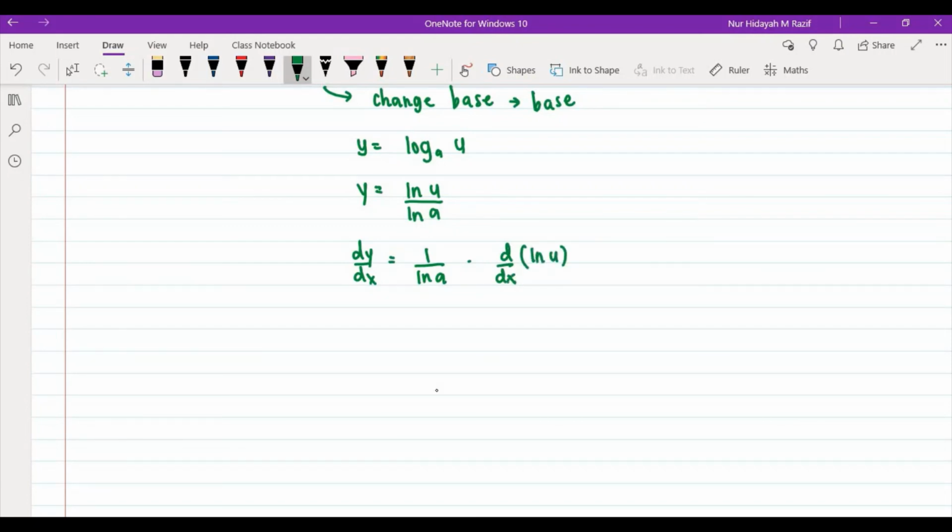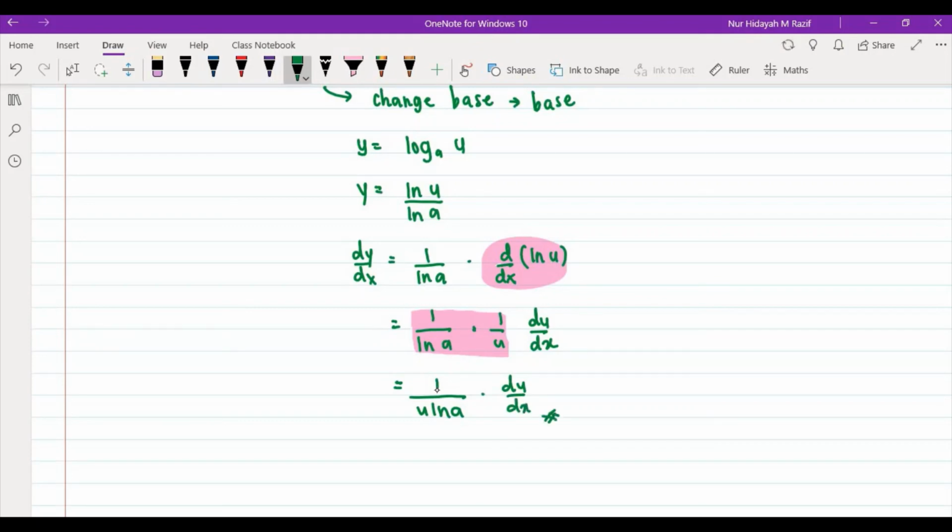And going back to the second property just now, the derivative of ln u is equal to 1 over u multiplied by du dx. We can just combine these two fractions, because when we multiply fractions we multiply the numerators and the denominators, so that gives you 1 over u ln a multiplied by du by dx, and that's it.